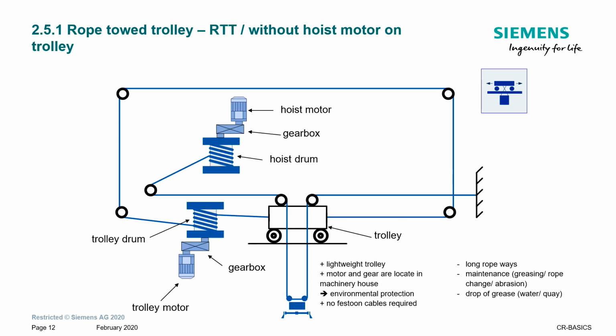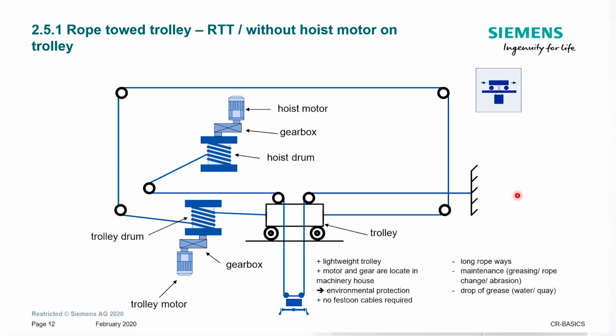We start with the hoist motor, via the gearbox, the hoist drum, our cable with the deflections to the trolley where the load is attached, and then back to the fastening of the rope. What we see here is that the trolley is driven forward and backward via a second motor, the trolley motor, also with a gearbox and a trolley drum, which moves the trolley in the direction forward or backward.